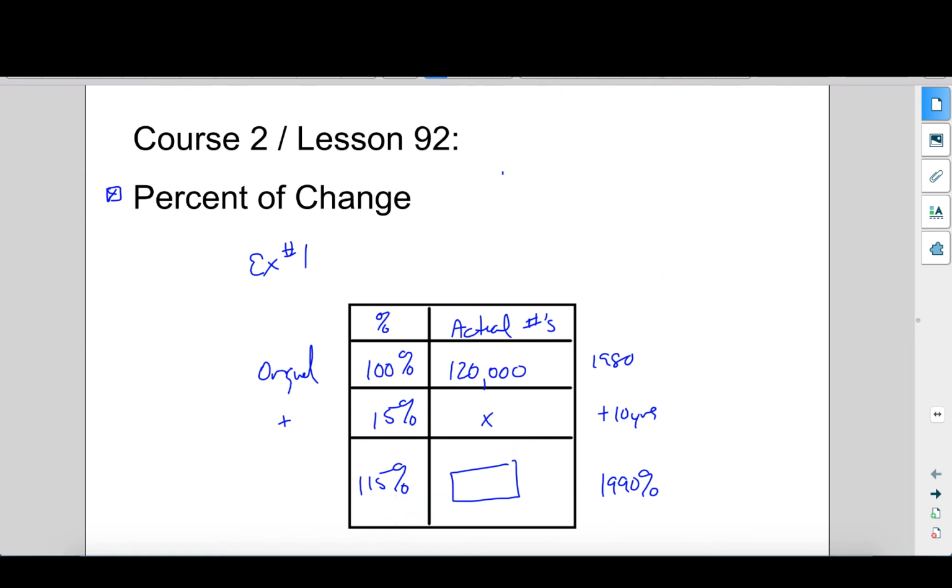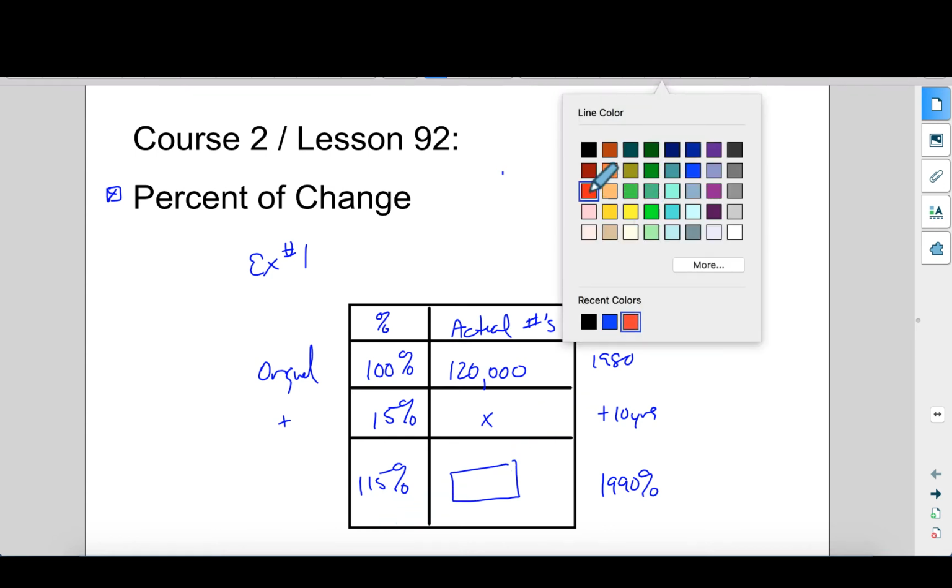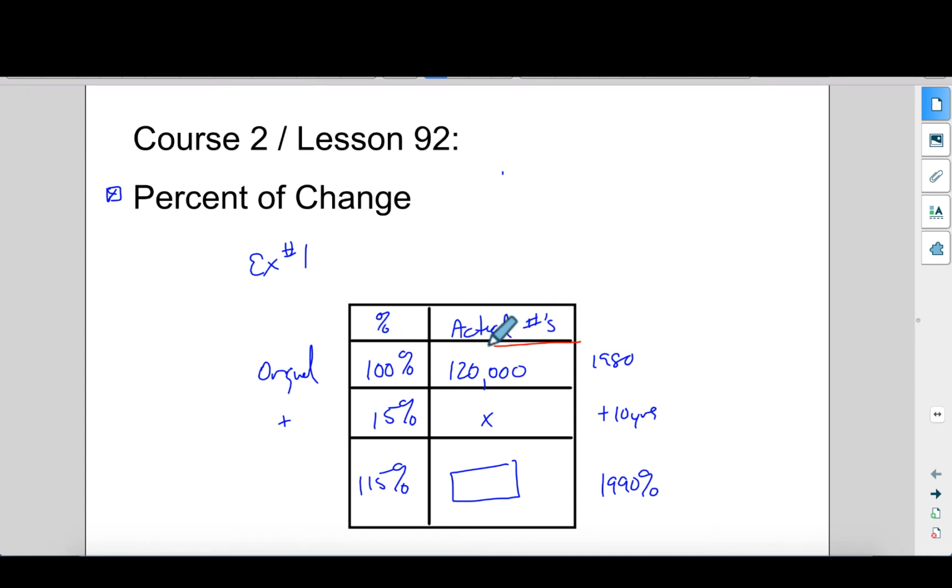The good thing about this whole scenario is that if you have 3 out of 4 things, you can find this x. We can satisfy this. Watch what happens. We're going to put this into a fraction, an actual known, and we can solve for this.